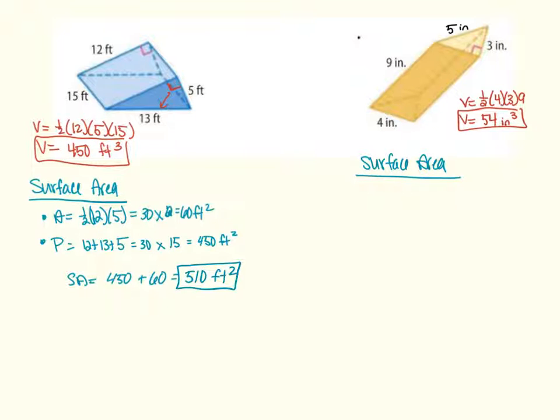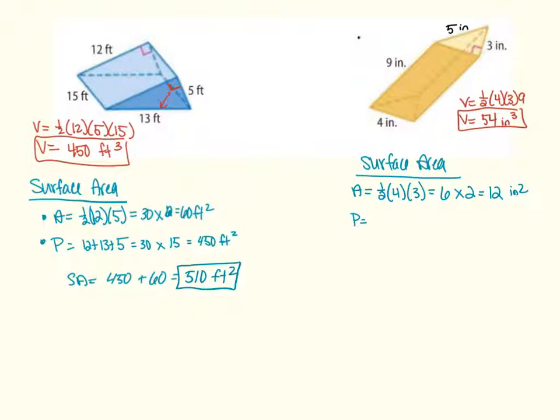Okay, let's move on to the next one. First we're going to find the area of both triangles. 1/2 the base, the base is 4 and the height is 3. So 1/2 of 4 is 2, and 2 times 3 is 6. But since there's 2 triangles, we've got 12 inches squared. Now perimeter.